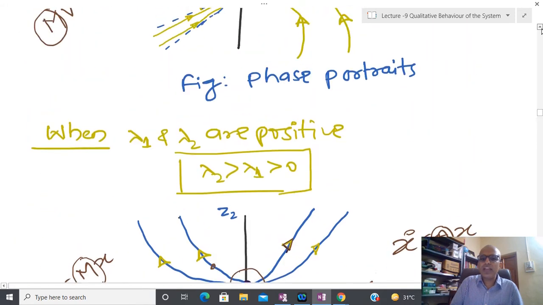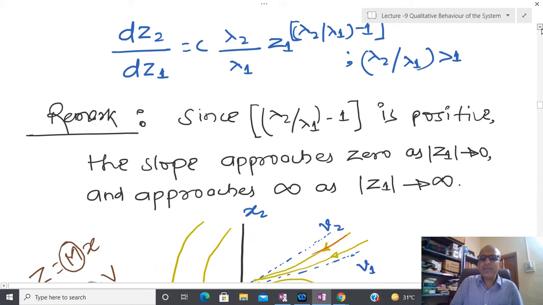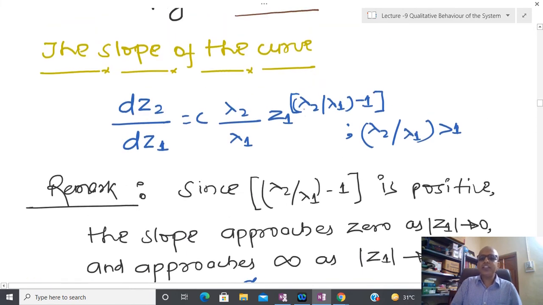From this curve I am going to generalize, because everything remains the same. But here the term lambda 2 minus lambda 1 becomes negative, because one is positive. Then lambda 2 by lambda 1 is negative.